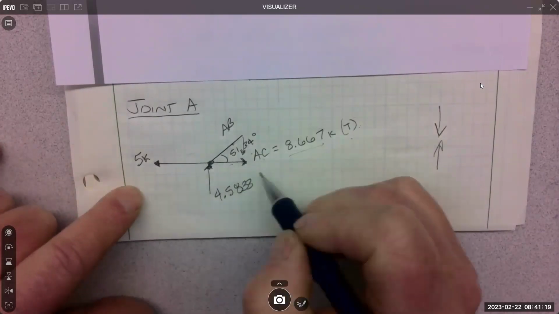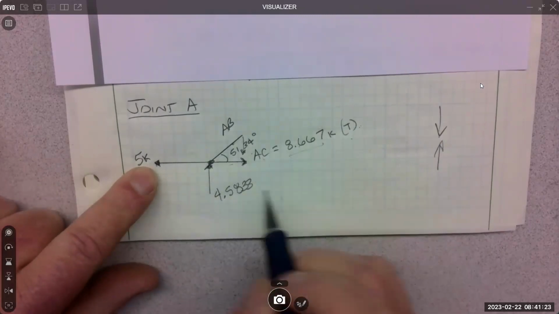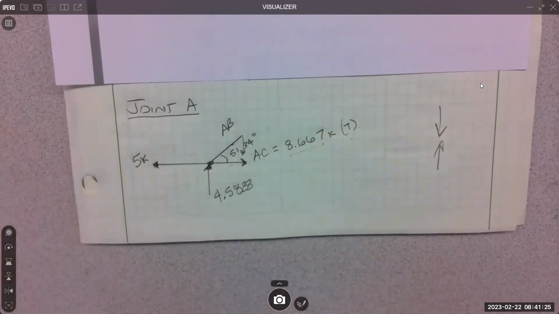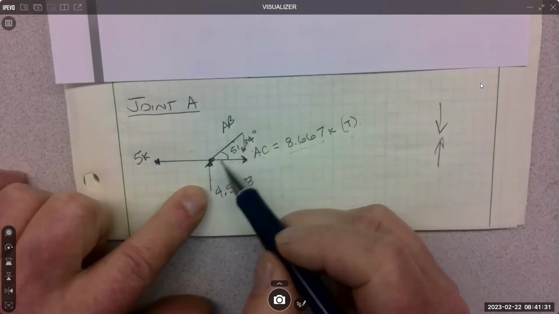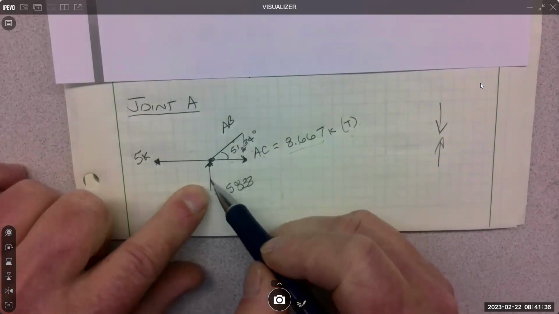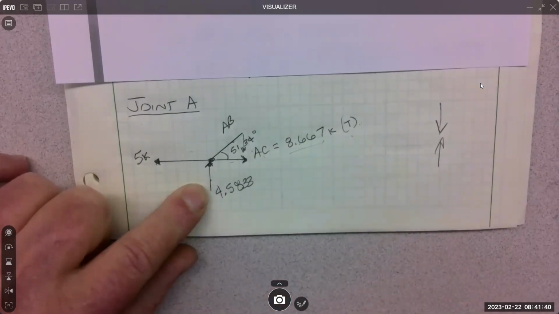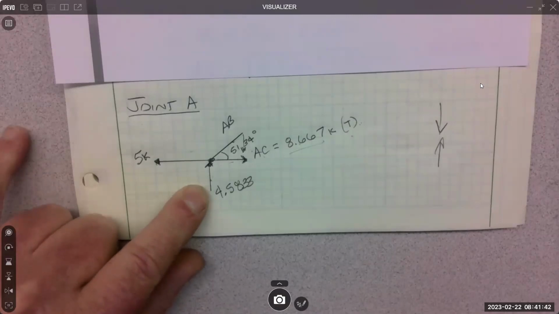I could look in the X, but there's a lot going on in the X, right? There's 5K that way. There's 8 that way. I don't really know anything based on the X. But on the Y, I only have 2 forces. This component and this force going up. They've got to be equal and opposite.